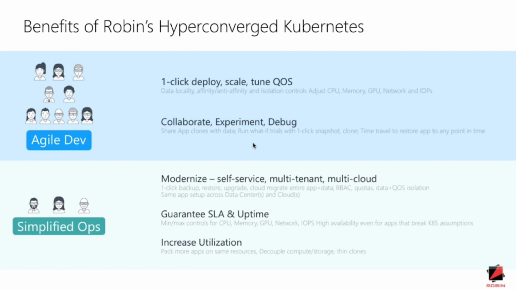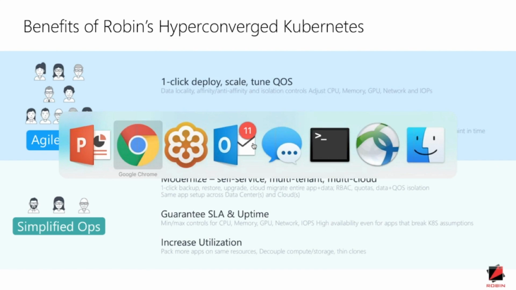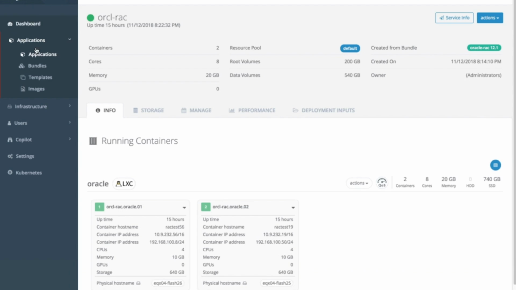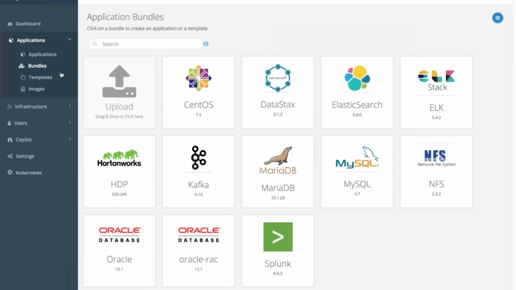I mainly have data-heavy applications for which I've loaded bundles. I've got a Hortonworks bundle that happens to be loaded here, Splunk, Kafka. So it's definitely not limited to databases.